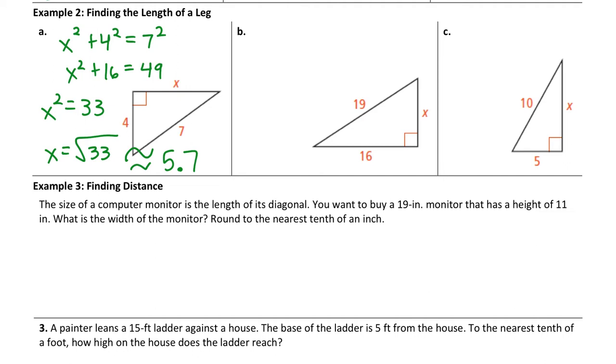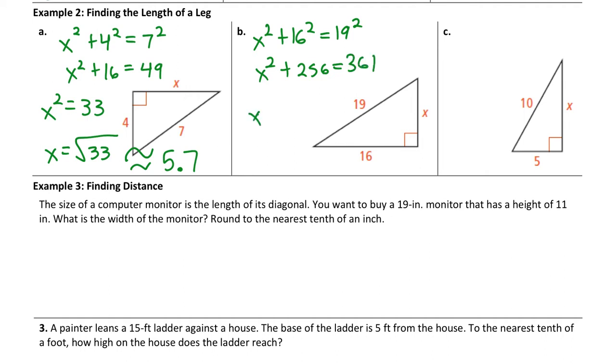So really the only difference is finding a leg, you're taking the hypotenuse squared minus a leg squared to get the other leg. So in part B, same idea, x squared plus 16 squared equals 19 squared. So x squared plus 256 equals 361.